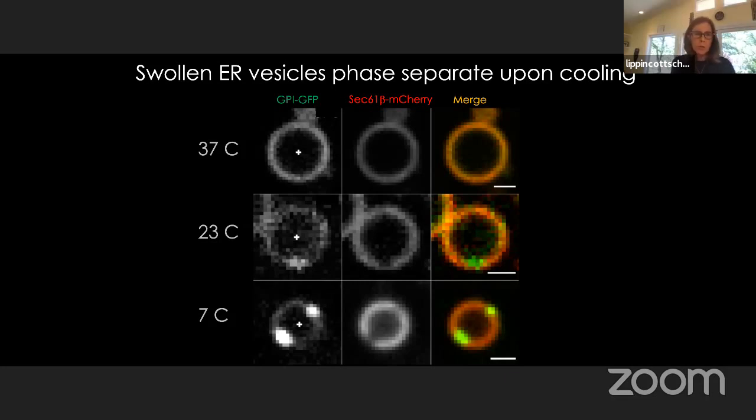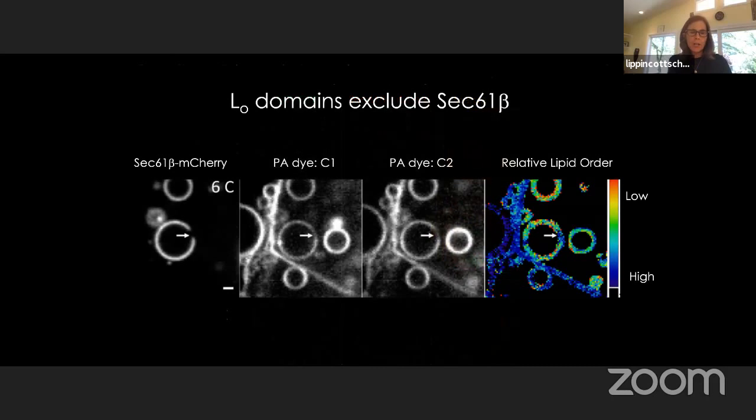Well, in order to verify that what this represents is differences in ordered versus disordered character of the ER membrane, we use this push-pull pyrene dye, as shown here, which can be used to measure relative lipid ordering. In particular, this dye undergoes a spectral shift to shorter wavelengths in ordered membranes.